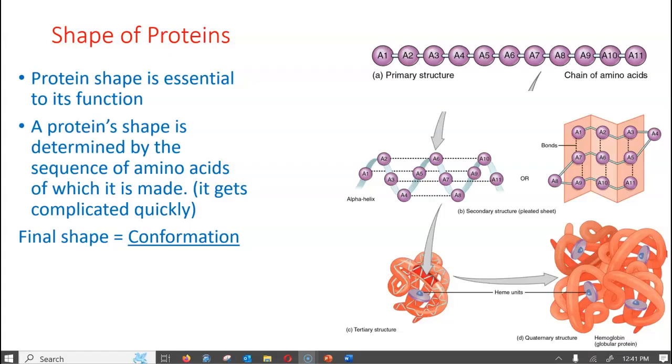They start folding back in on themselves and then making these more complex shapes. They fold up in a bunch of different ways. We're not going to get into it. There are different levels of structure. Who cares? You don't need to know. At the end of it all, if you have a series of amino acids all linked together, folded up into a shape that is functional, that final shape is called the conformation of that protein or polypeptide.